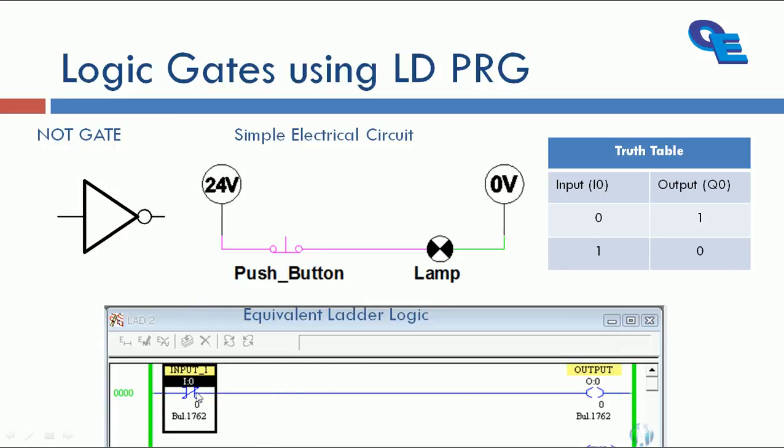Here you can see a normally close contact I have used. When I:0/0 is not triggered, output will be in high condition, energized. When it is triggered, NC is going to be open and output will be off.